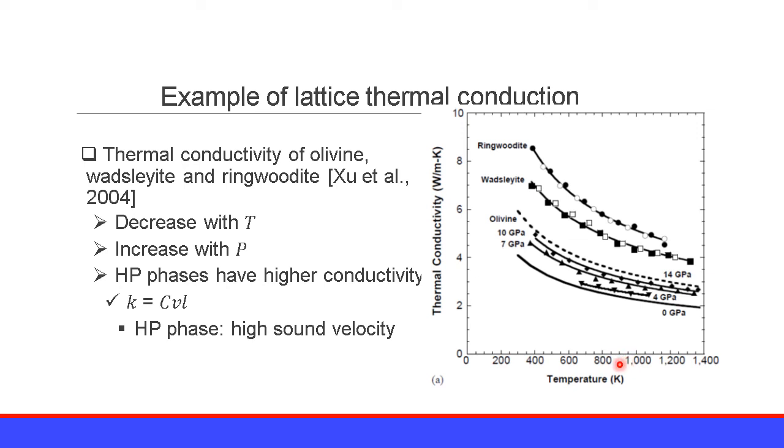One reason is the phonon velocity increase, but a more essential reason is the phonon mean free path increase because the lattice spacing decreases and the anharmonicity of the lattice vibration decreases.